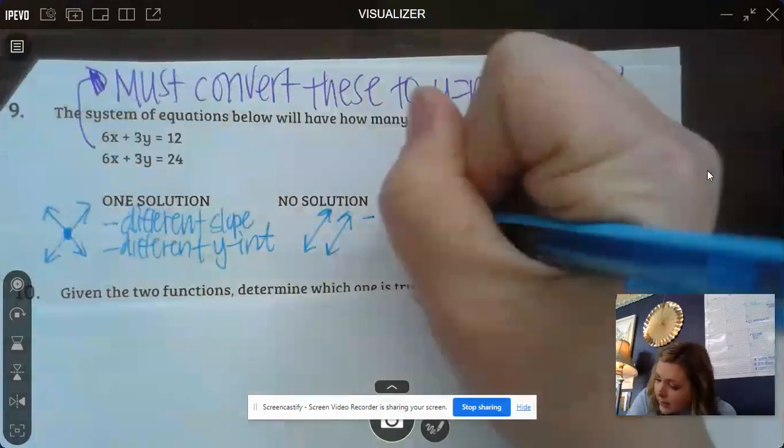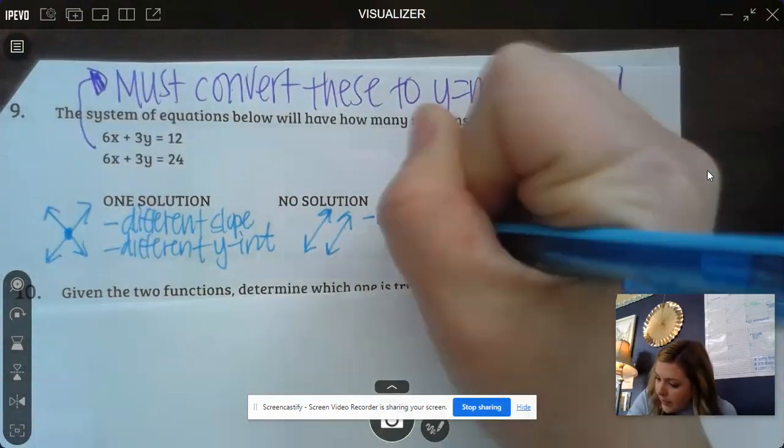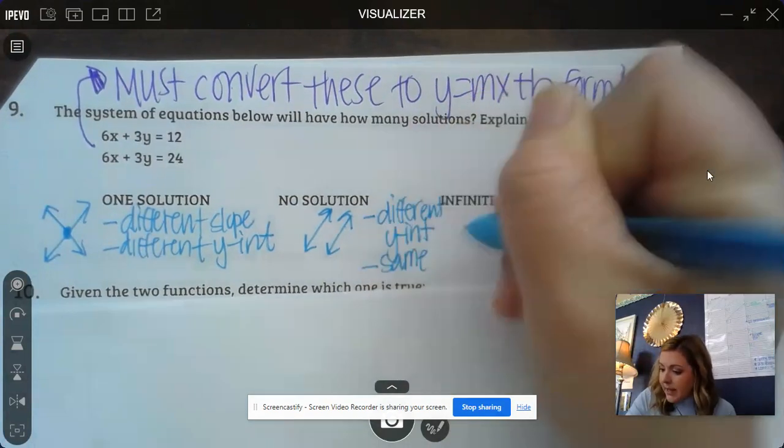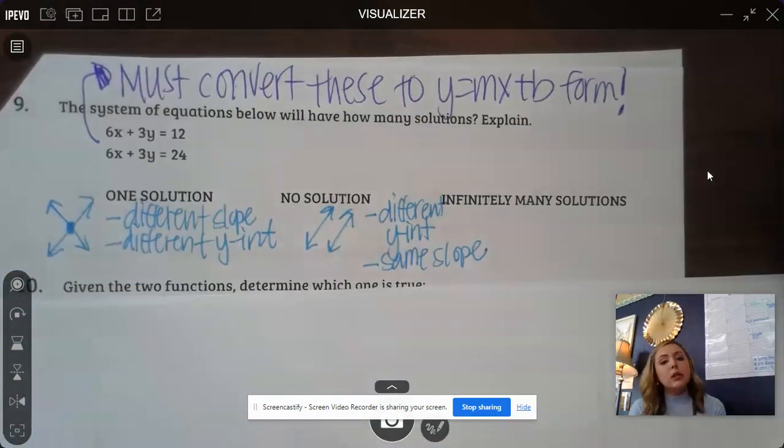So that is having different y-intercepts but the same slope. Like I said, that's starting at different points of a race, but you're running the exact same speed. You're never going to run into each other.